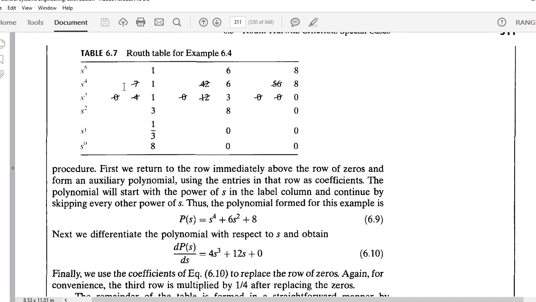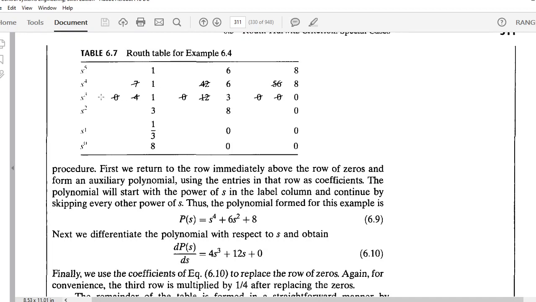But if it is a number of or location of poles, then it's slightly bit more challenging. So in this specific example, you will see that there are no sign changes, which means that the system is definitely not unstable.